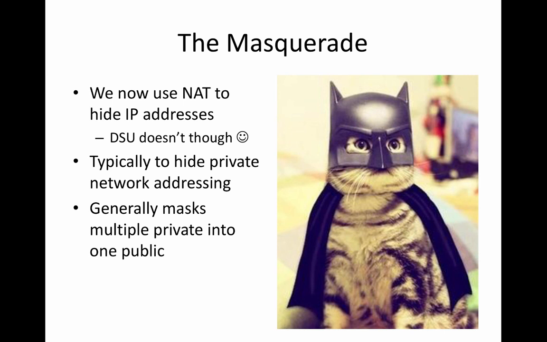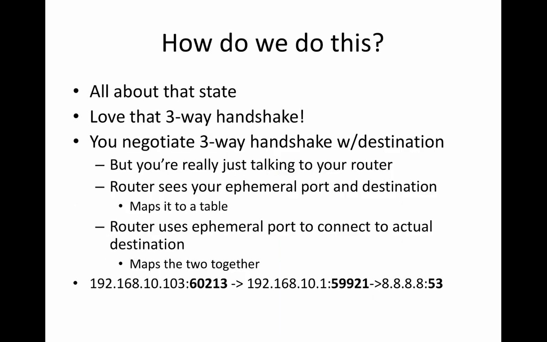What happens if one of those IPs gets out onto the internet? I guess we'll talk about that. What your router does when we are doing IP masquerading is, in a sense, intercept the three-way handshake of TCP.